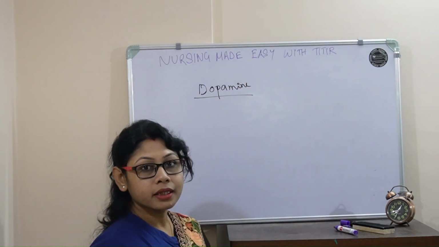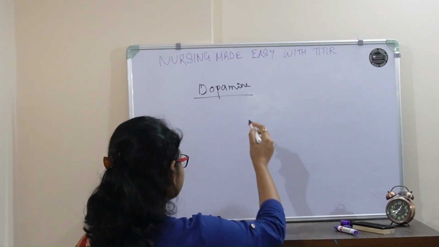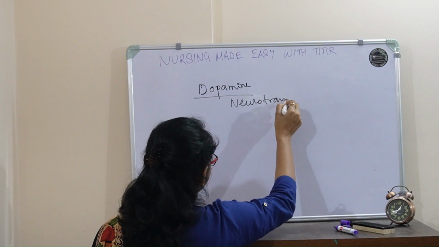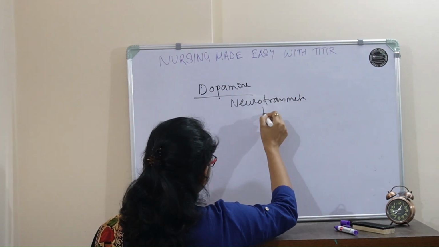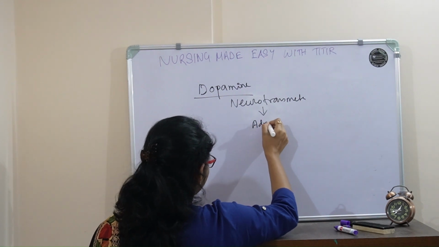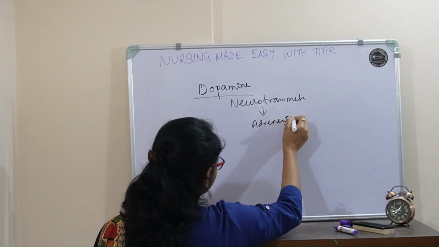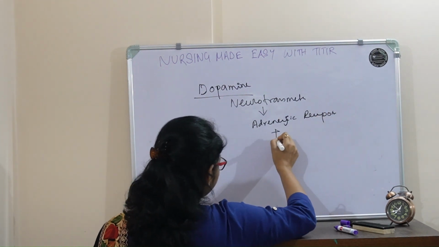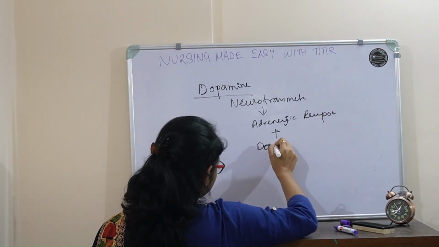So dopamine is a neurotransmitter because it affects the adrenergic receptor and the dopaminergic receptor also.